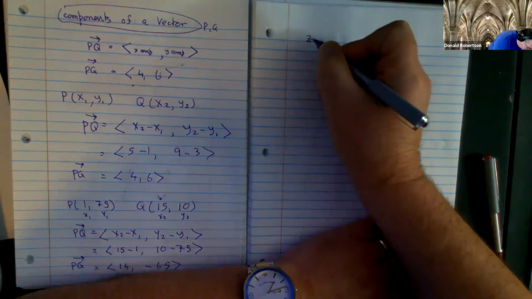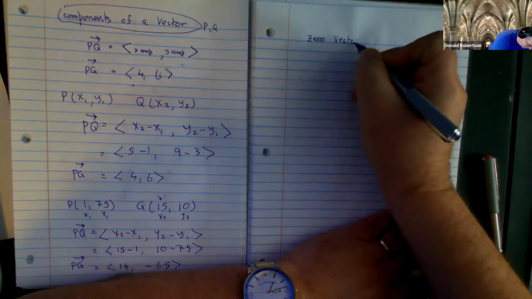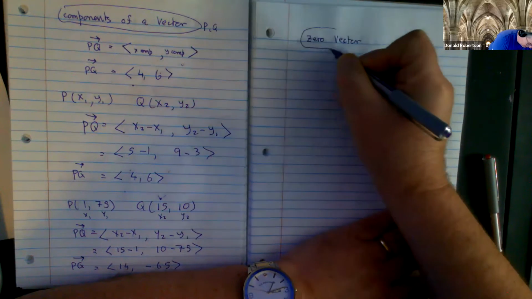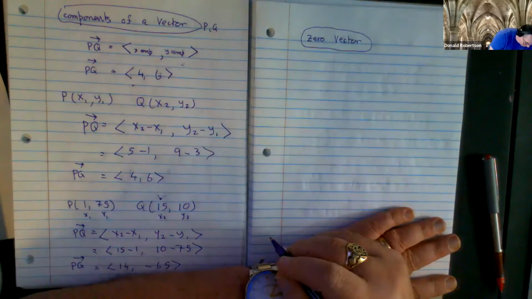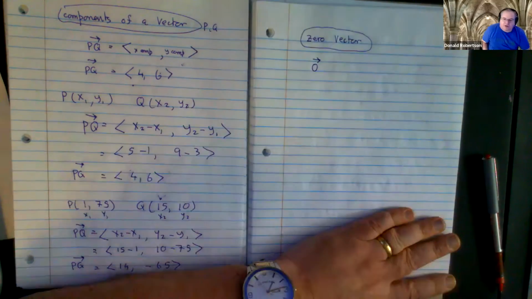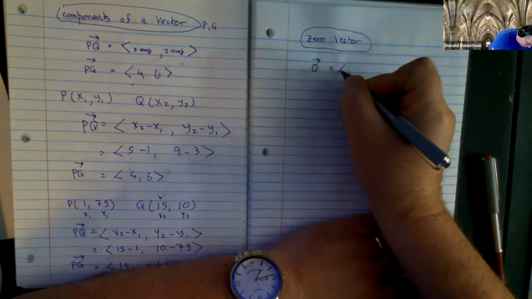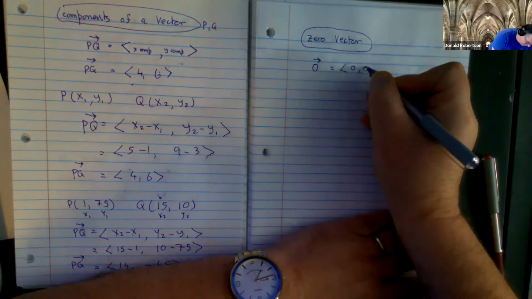Let's talk about a very special vector called the zero vector. Today's really all notes. The zero vector is written like that, and it has components (0, 0).